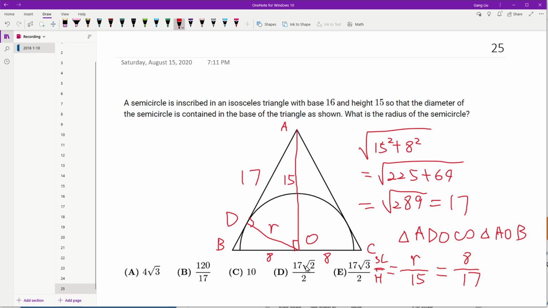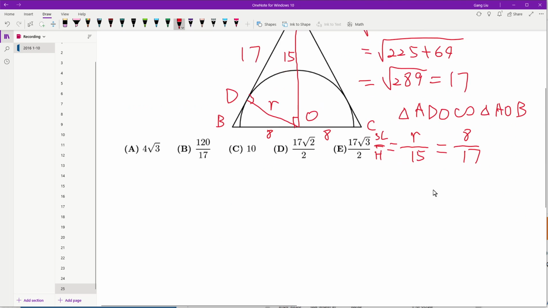And so by solving this, 17R equals 120, R equals 120 over 17.